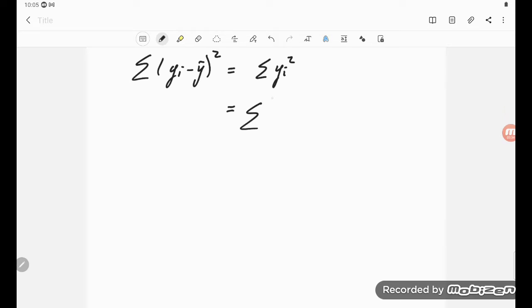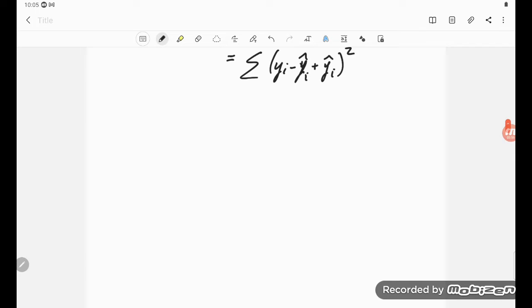Okay, so we start with that, and then we write that as yi minus yi hat, that is the model, our fit for our data, plus yi hat, all squared.